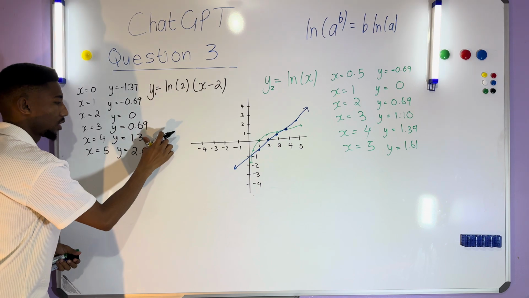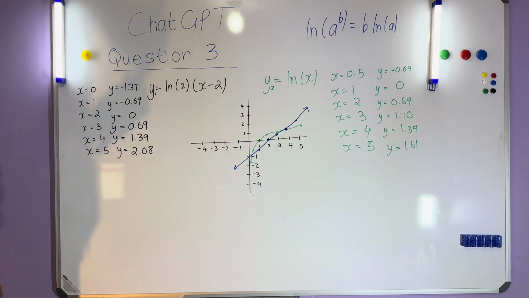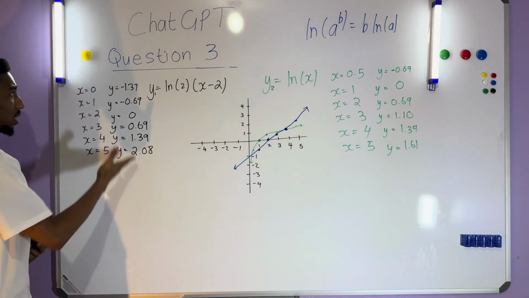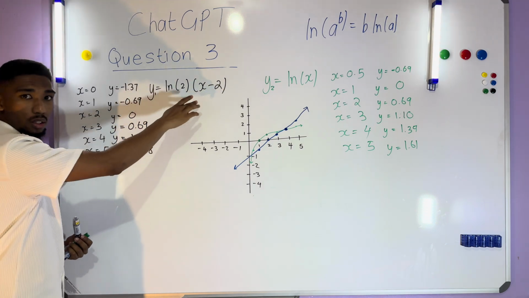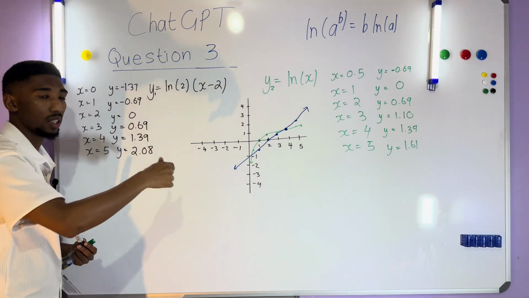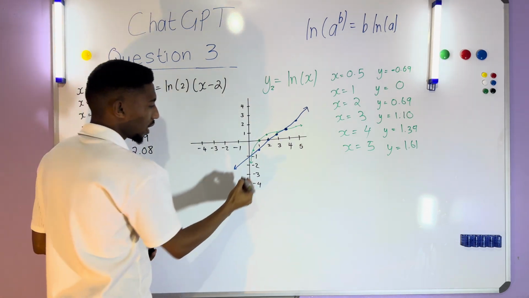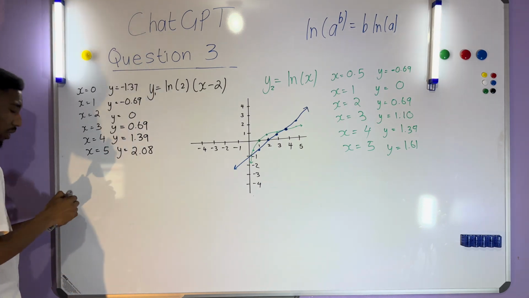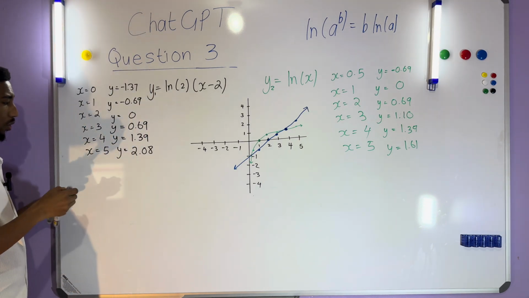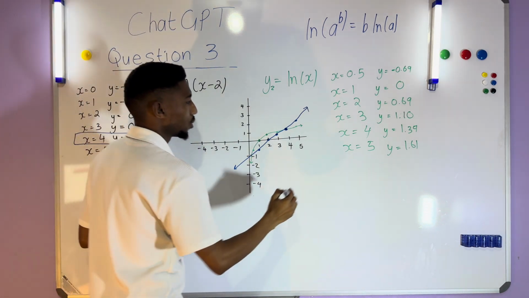We just need to fix the rounding error over here. It's actually 1.39, and as we can see, this ln graph is actually a straight line, with ln 2 being the gradient of the straight line graph. So we actually have 2 points of intersection. The first one we can see with our set of values is when x is equal to 4.